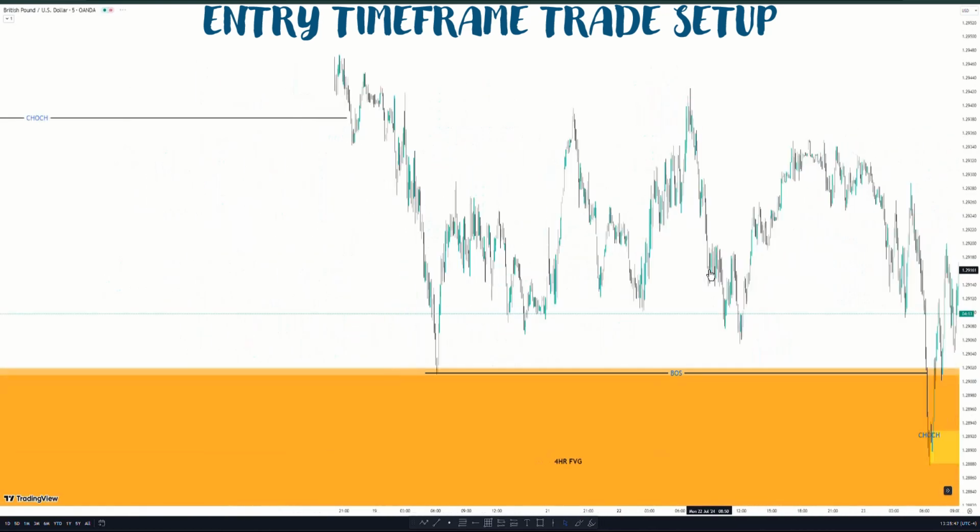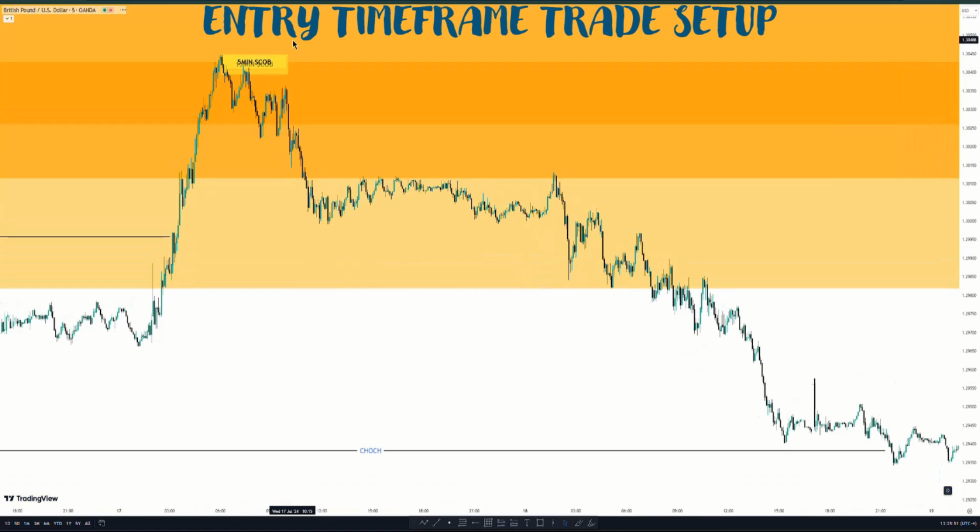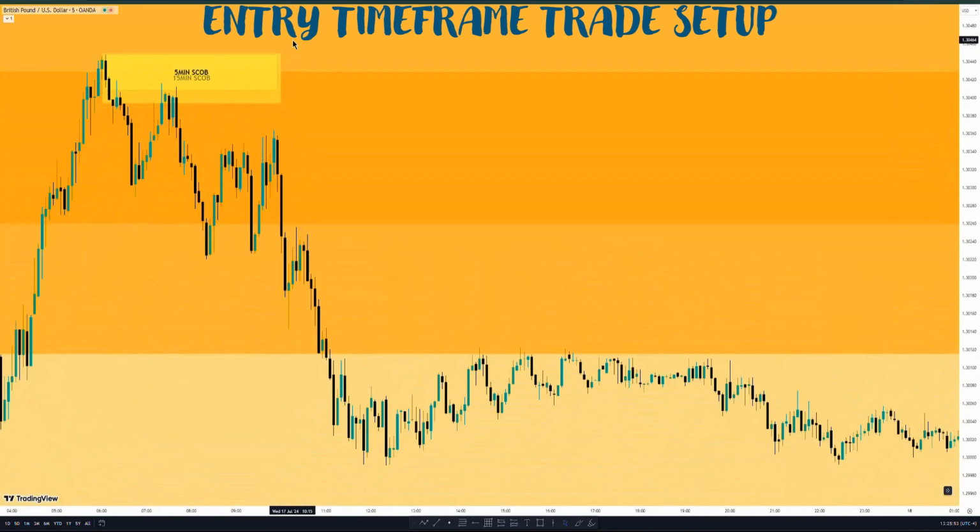Like I said, I like it when things come together. I'm talking about confluence. It makes it really easy for you to take a certain trade.